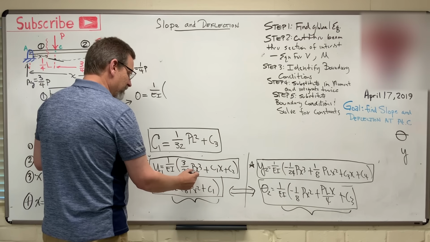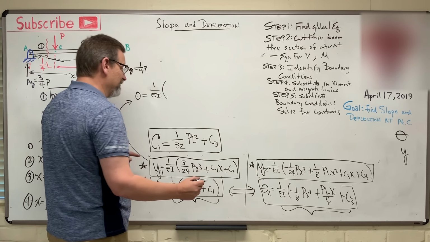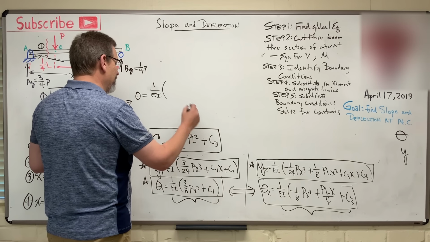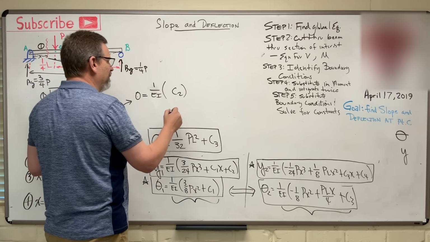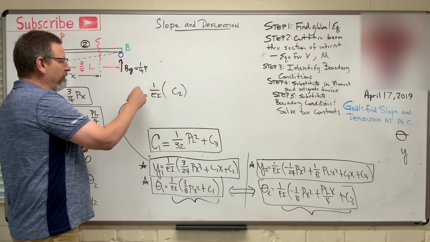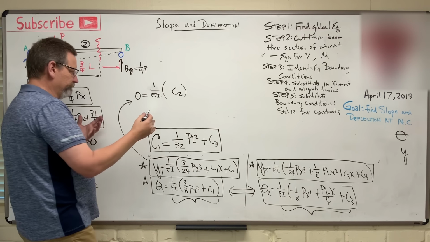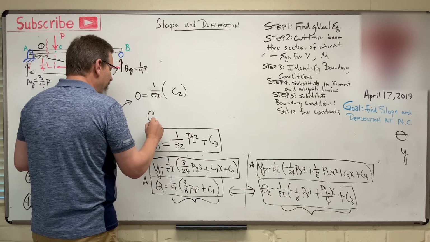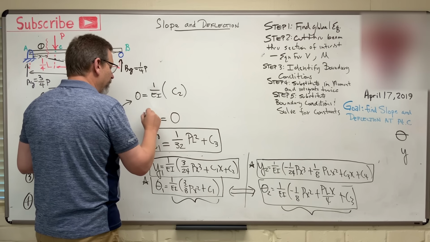So that becomes 0, that becomes 0, and I just get C2, right? So move that to the other side. What is EI times 0? 0. So right away, C2 equals 0. There's another one.